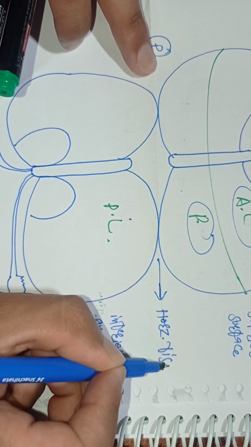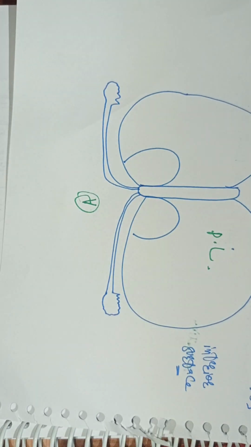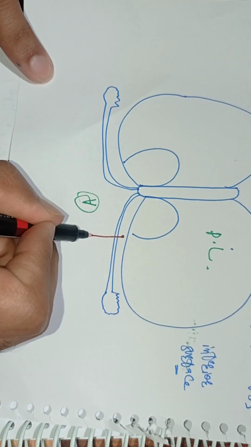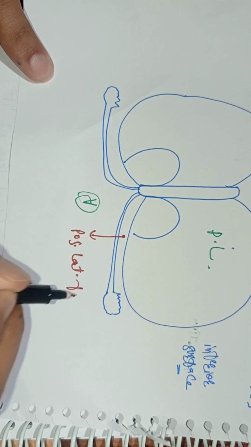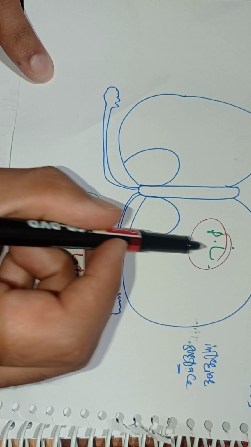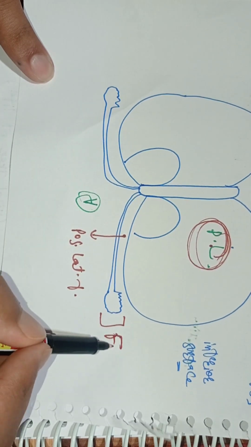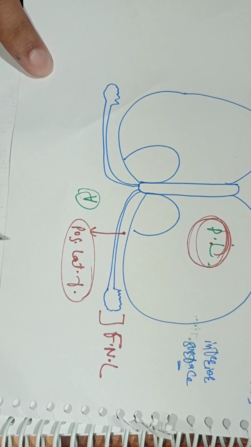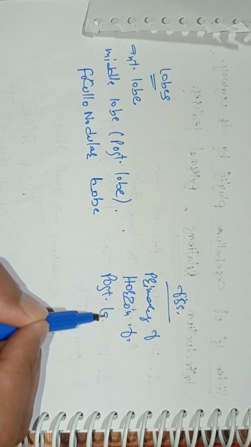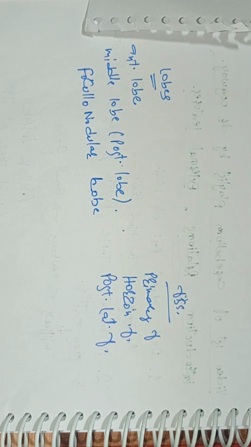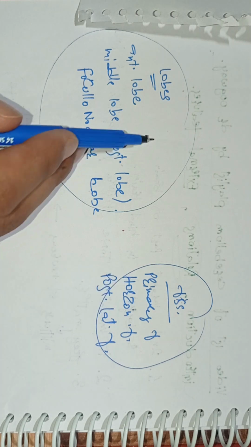And this part right here is the posterior lateral fissure, because it separates the posterior lobe from the flocculonodular lobe. So the third fissure is the posterior lateral fissure.